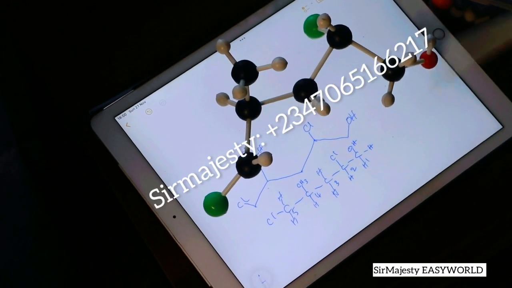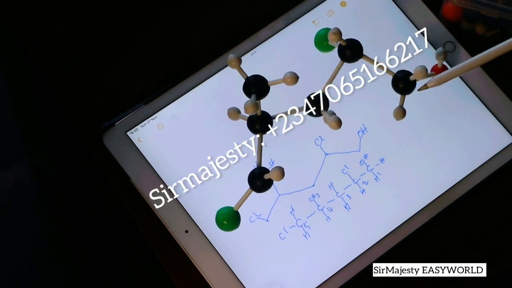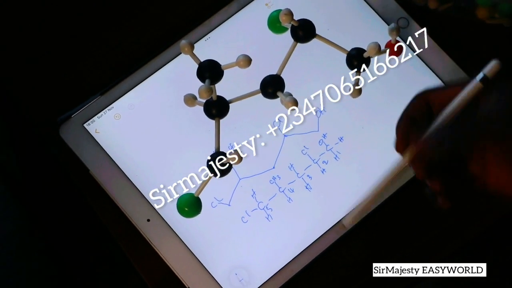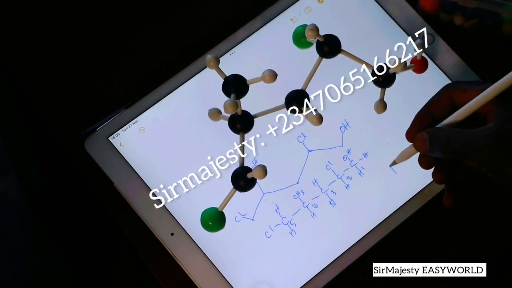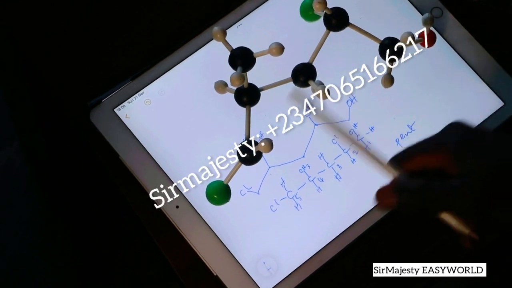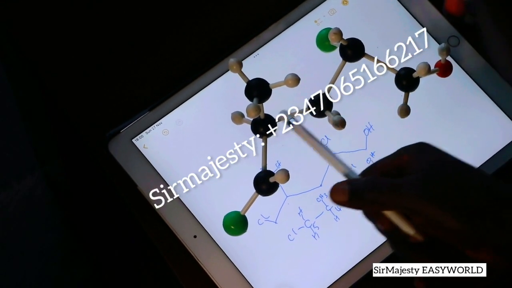Therefore, for us to start naming this, at carbon number 1 there is only OH, and we have already pent because of the 5 carbons in the longest chain, 1, 2, 3, 4, 5.